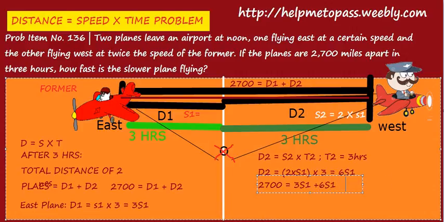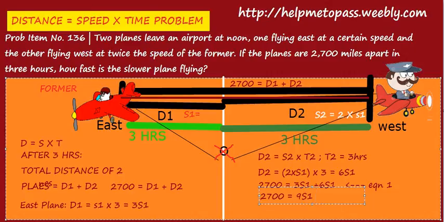This is what we call the first equation that we have established, equation 1. Equation 1 has only one variable, S1, so you can now solve for S1. So you have 2,700 equals 3 plus 6, which becomes 9 S1.